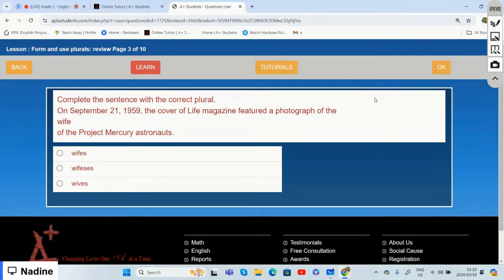Yes. The next one says, on September 21, 1959, the cover of Life magazine featured a photograph of the wife of the Project Mercury astronauts.